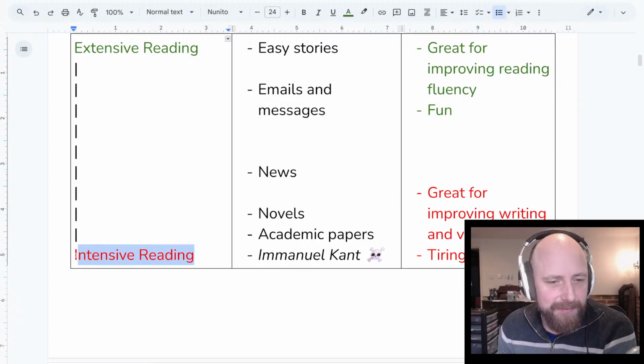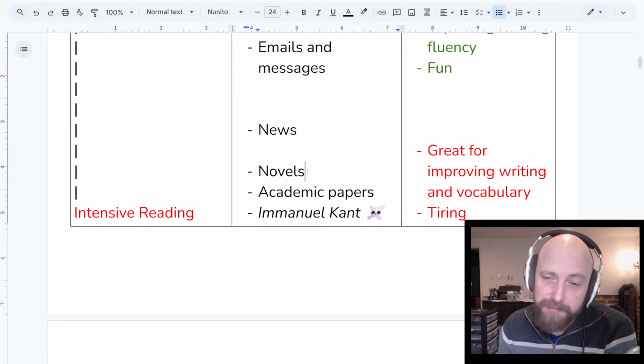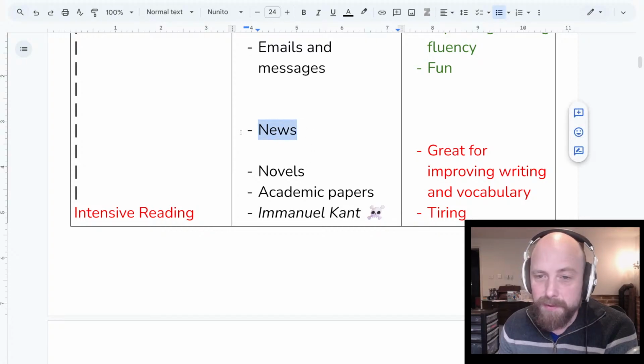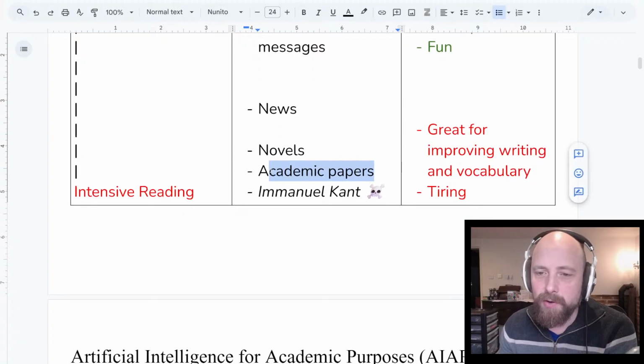Now, intensive reading, as a contrast, is a little bit different. Intensive reading involves reading things like the news at a more difficult level, novels and original language stories, which can be quite difficult to read, and of course, academic papers, which is our subject today.